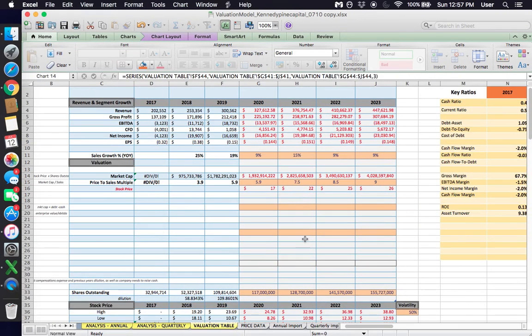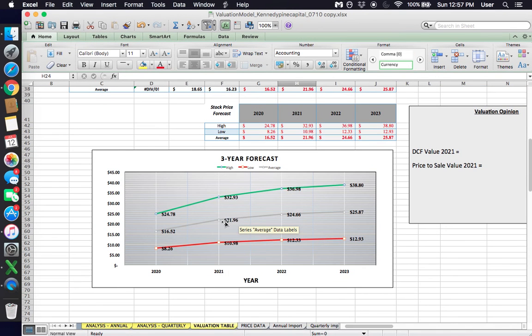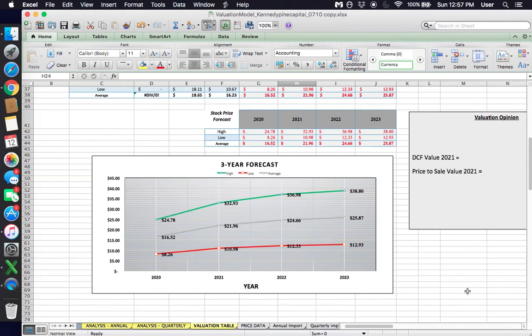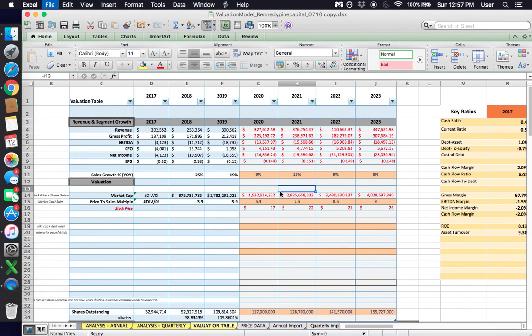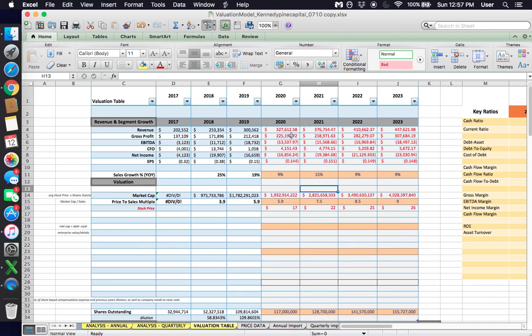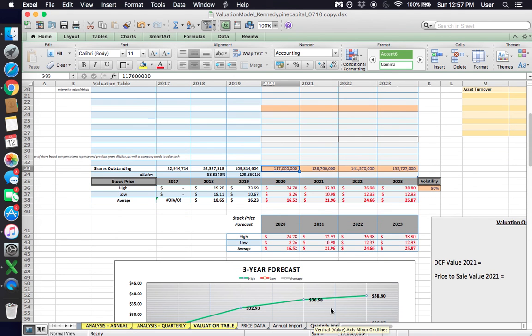And based on the stock price today, which I believe is about $16, this lets you see a good estimate of possible returns. So again, the most important thing to focus on, the three pillars, is your revenue, your multiple, and your shares outstanding. If you can estimate those things, you can estimate the stock price, all right?